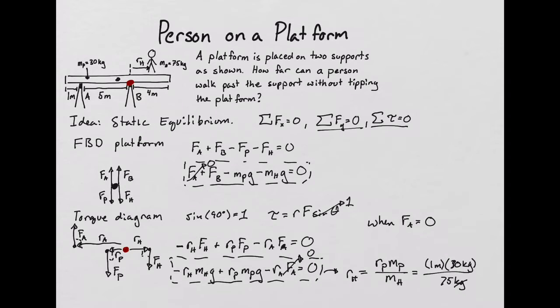We'll say that we have kilograms cancel on top and bottom, leaving us with meters, which tells us we're on the right track because we at least have the right units. Evaluating 30 divided by 75 gives us a solution of 0.4 meters, or R_H is equal to 40 centimeters. Interpreting that, we would say that the person can walk 40 centimeters before the platform will tip.